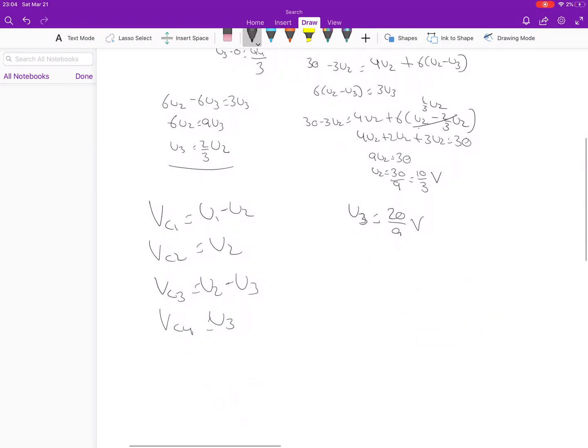All right, so we just need to compute two of these. U1 is 10, U2 is 10 thirds, and then here it's just 10 thirds. This is 10 thirds minus 20 ninths, which is 30 ninths minus 20 ninths, which is 10 ninths. U3 is 20 ninths. And let's compute this last one, which is 30 minus 10, which is 20 over 3.